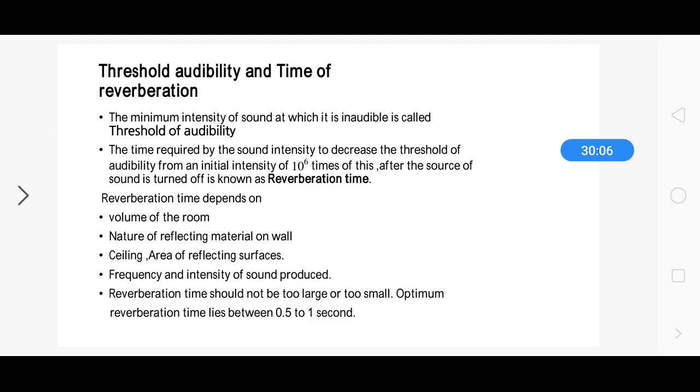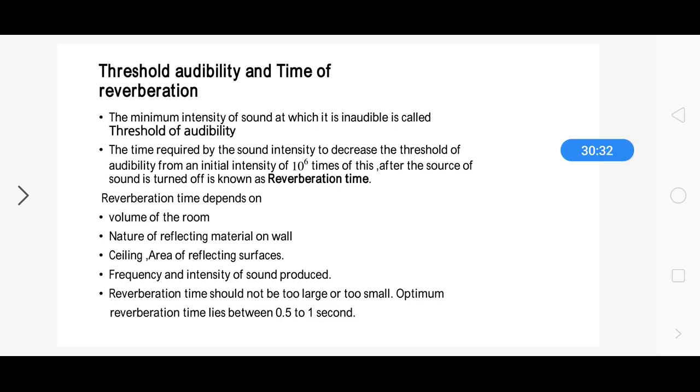The time required by the sound energy to decrease to threshold audibility from an initial intensity of 10 power 6 times of this, after the source of sound is turned off, is known as reverberation time.